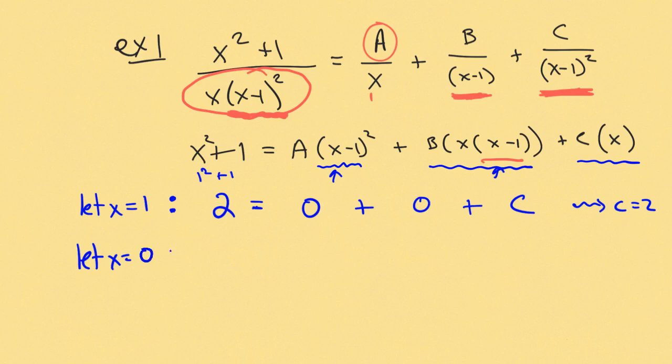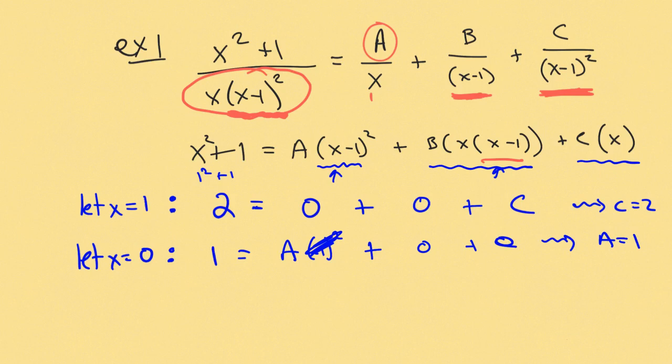Let x equal 0, and I get on the left side 0 squared plus 1 is just 1, equals, here I would have A times negative 1 squared, or just A times 1, plus 0 plus 0. Oh, look at that. A equals 1.